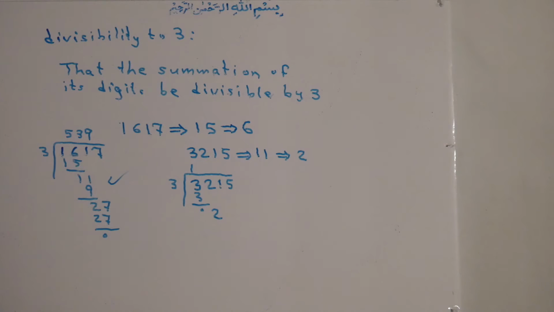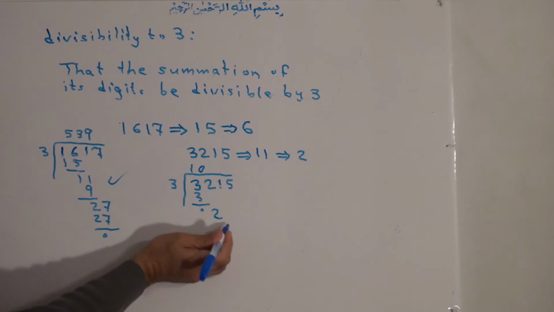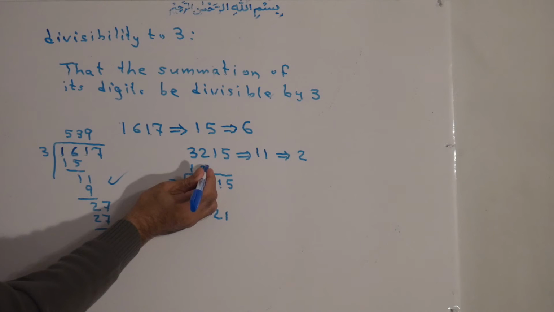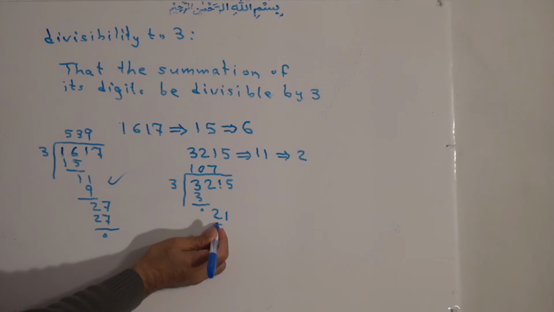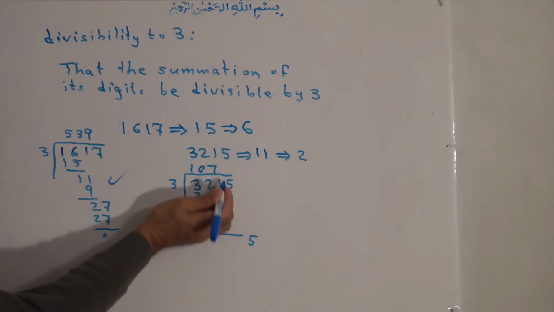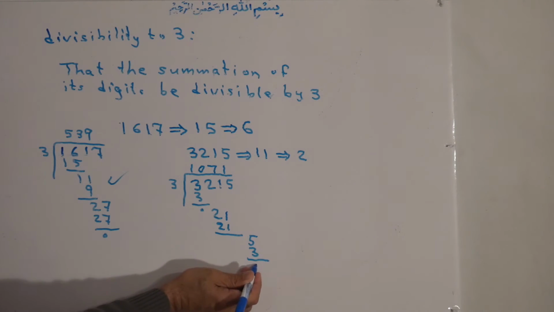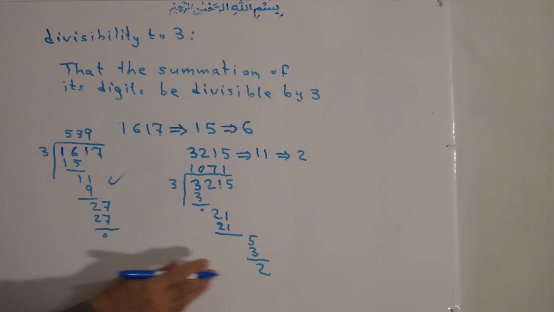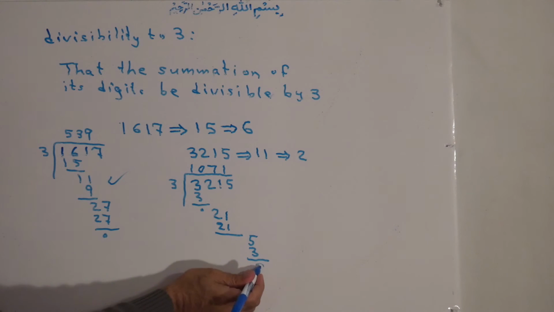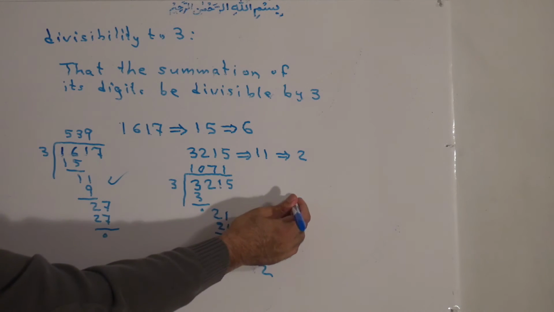Because of that, we put 0 here and then we bring 1 down. 7, 3 times 7 is 21, then 5, 1 times 3 is 3, remaining 2. Because we have a remainder of 2, this is not completely divided. This is not divisible by 3.